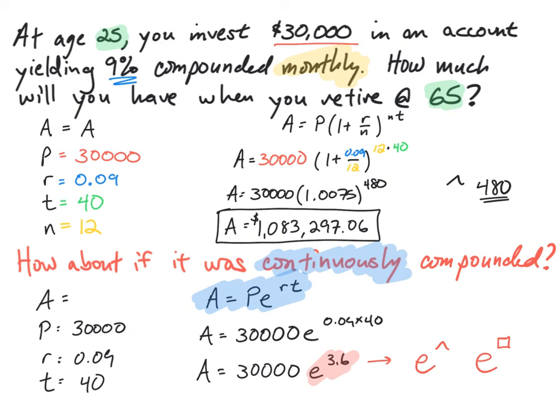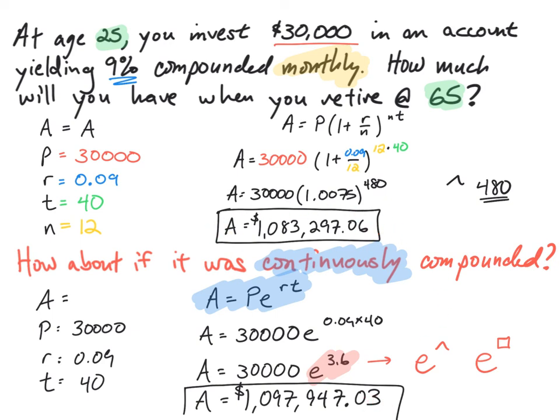Then you can multiply by 30,000, and you'll see that you get $1,097,947.03.